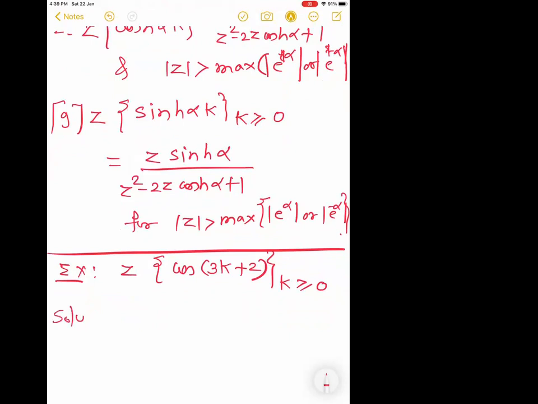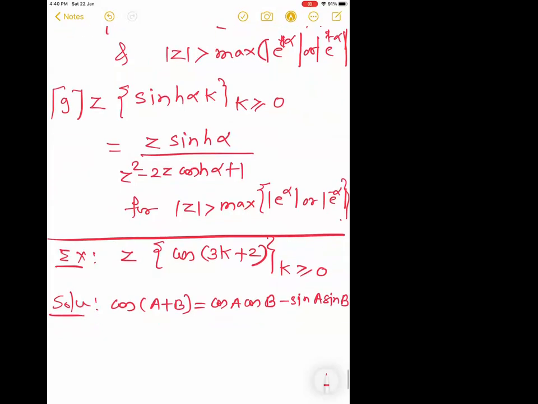So before going to the standard formula, we have to first of all use the cosine function trigonometric identity. If anybody can remember the cos of a plus b formula, we can use that. Does anyone know what is written as the standard result for cos a plus b? So this is cos a cos b minus sin a sin b.